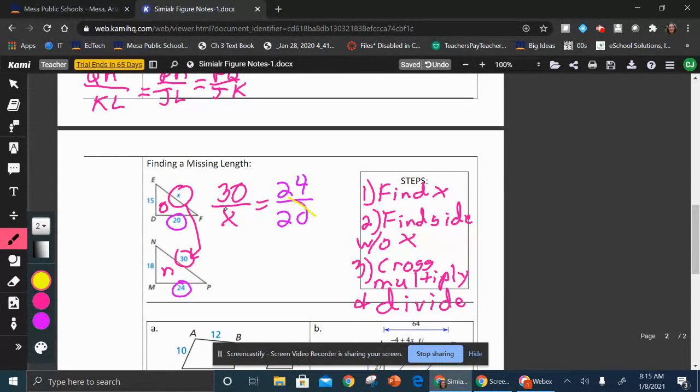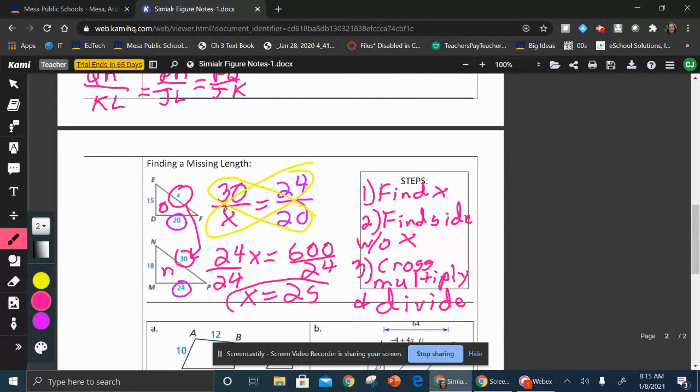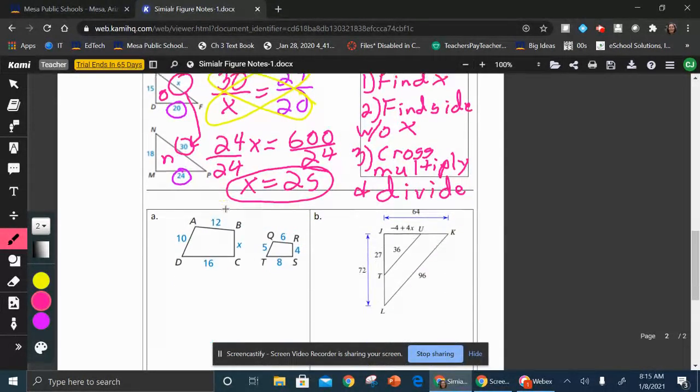We're going to cross multiply. And we can cross multiply because there is an equal sign there. 30 times 20 is 600. Divide by 24. And everybody remember you can use desmos.com/scientific. Okay, and we get 25.